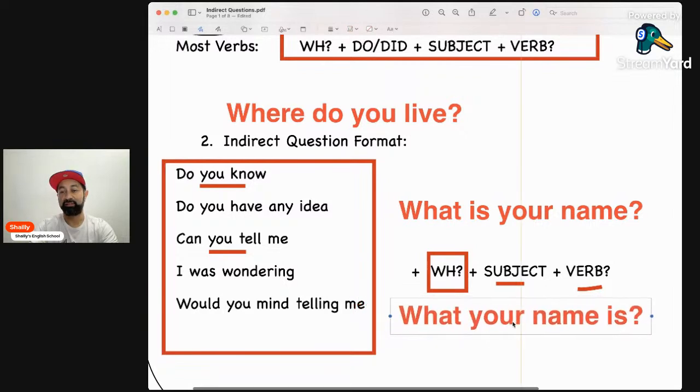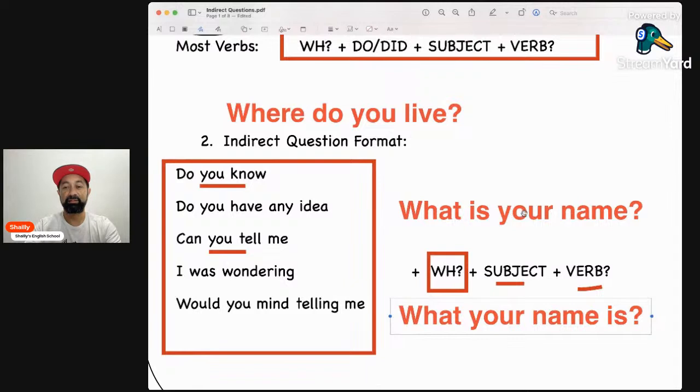So as you can see, my subject and my verb have switched. So the direct question is, what is your name? The indirect question is, can you tell me what your name is?